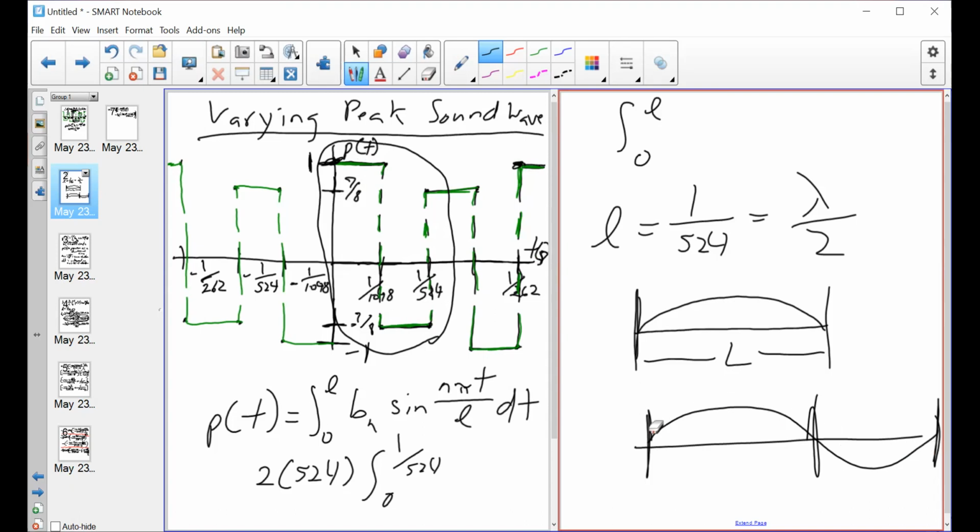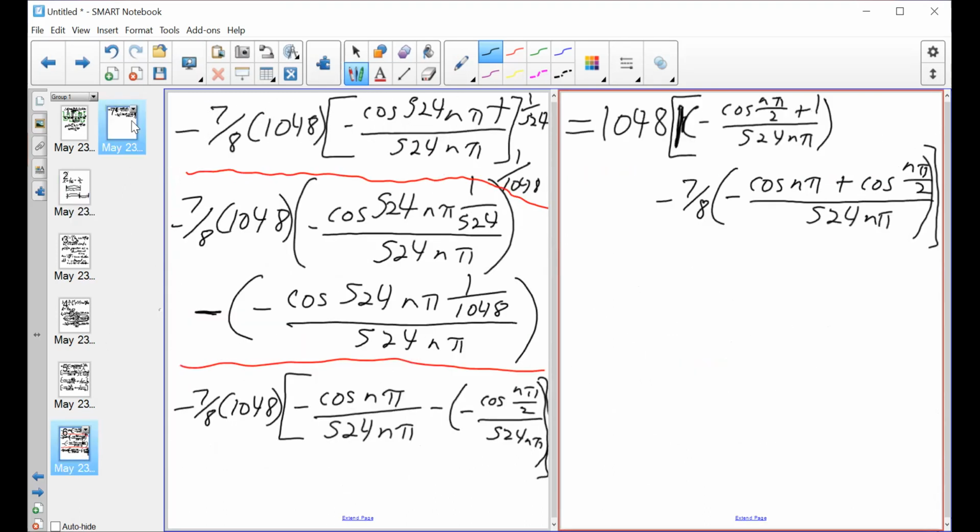And that half is the length of this sound wave, the length being 1 over 524 seconds. I know, second space. Don't worry about that. 1 over 524. And so that's where that comes from. Maximum, minimum, and these are the results.